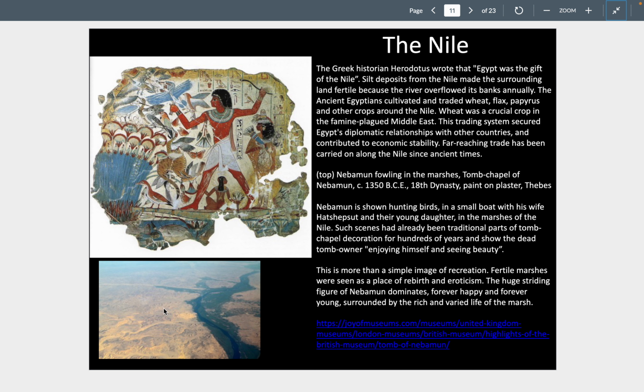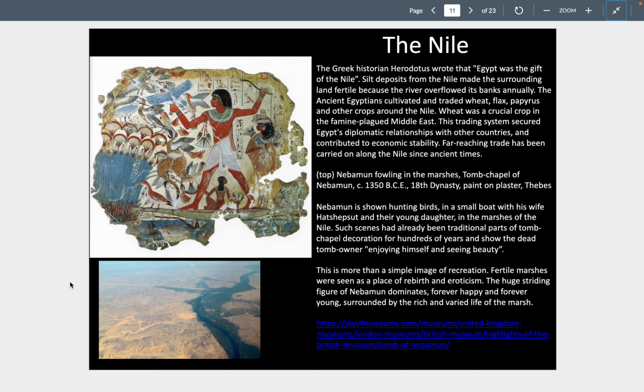We have found paintings, and the paintings that we have found are usually either on papyrus scrolls or on the walls of various buildings and temples and tombs. So here we're looking at Nebamun. This is from around 1350 BC.